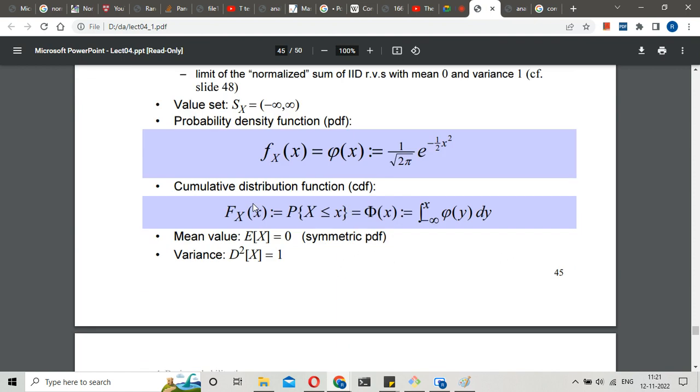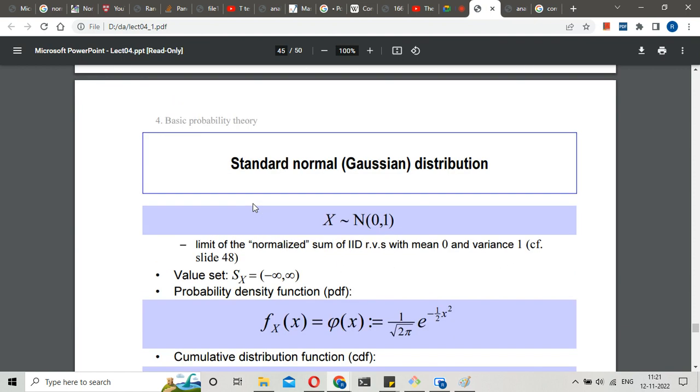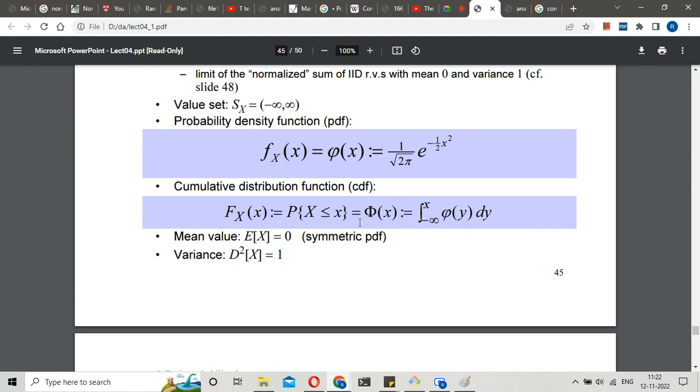Now, the very important one is the standard normal. When we say they have mean 0 and variance 1, then we call this the standard normal, and it has a special formula. The PDF has this formula and the CDF also. So if you know the PDF, then you can calculate the CDF.